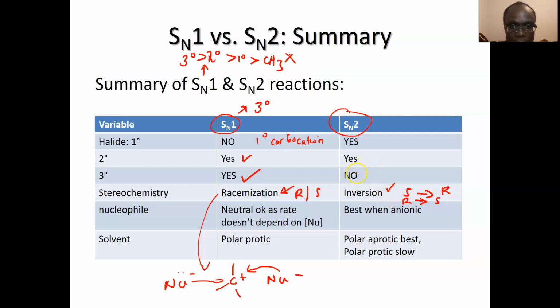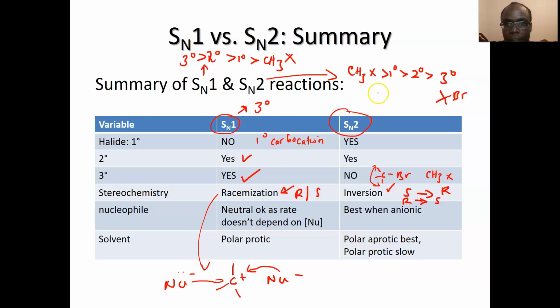SN2 doesn't like tertiary substrates because of the back attack. The nucleophile will not have access to attack the carbon from the back. For example, here, it's crowded because of the methyls, right? But SN2 will readily happen with methyl X. So the rate for SN2 is methyl X preferred over primary, over secondary carbon, over tertiary alkyl halide like this guy.